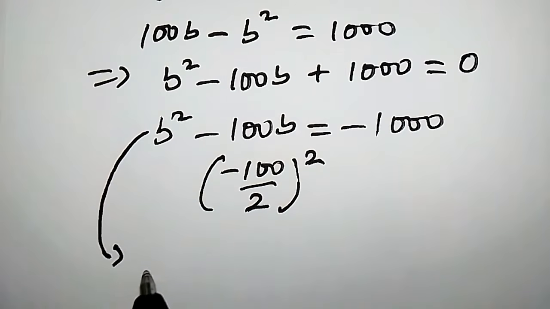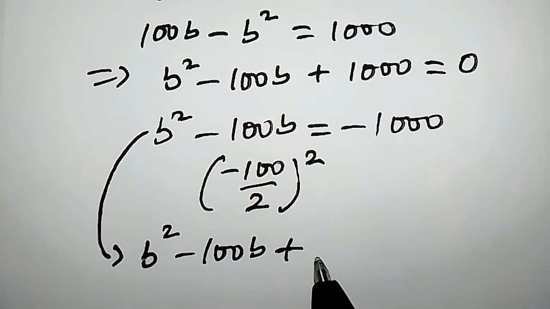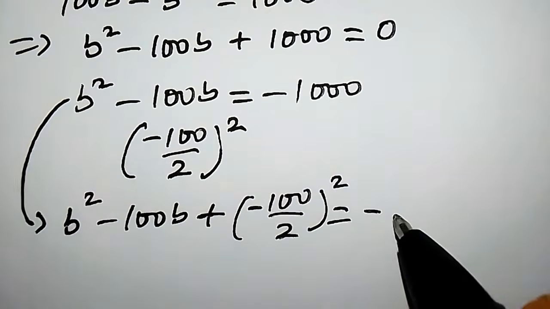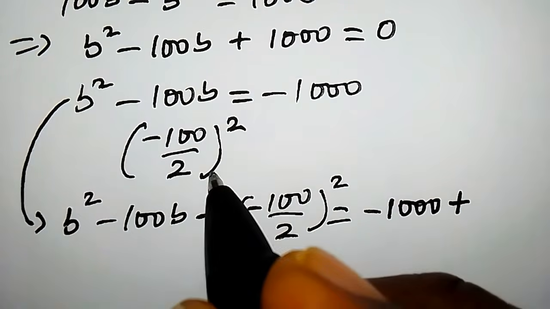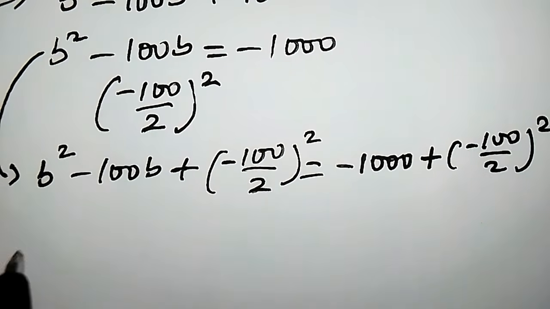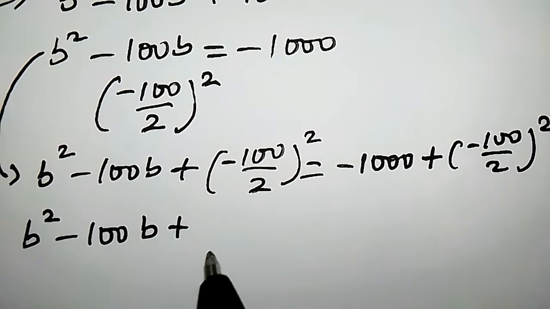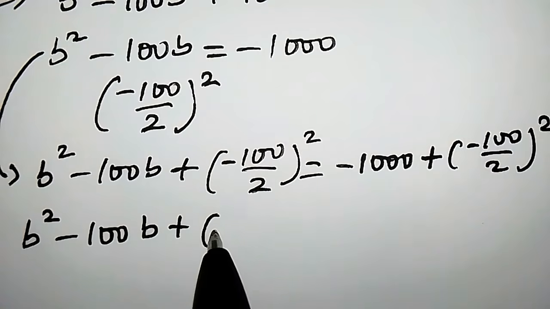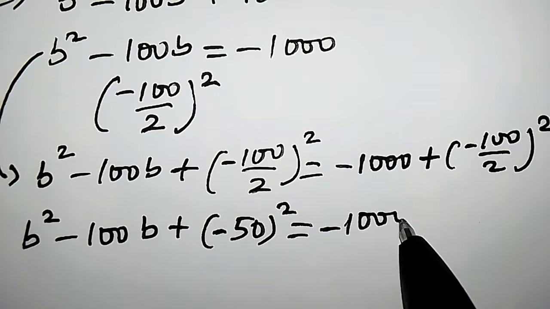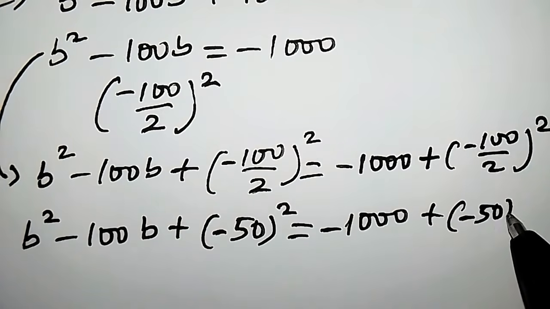That means from here we are going to have B square minus 100B plus minus 100 divided by 2 all squared equal to minus 1000 plus this guy, minus 100 divided by 2 all squared. So we have B square minus 100B plus minus 100 divided by 2, that is minus 50 all squared, equal to minus 1000 plus minus 100 divided by 2, that is also minus 50 all squared.